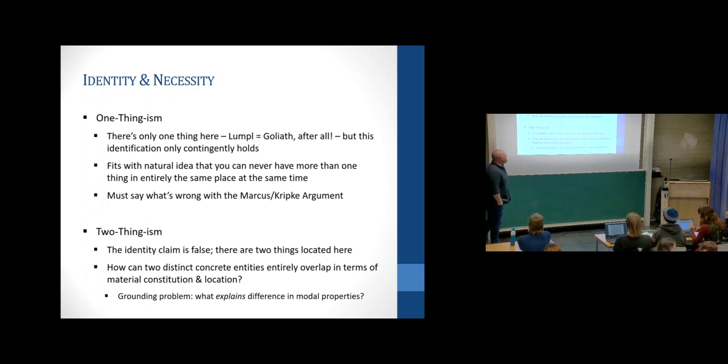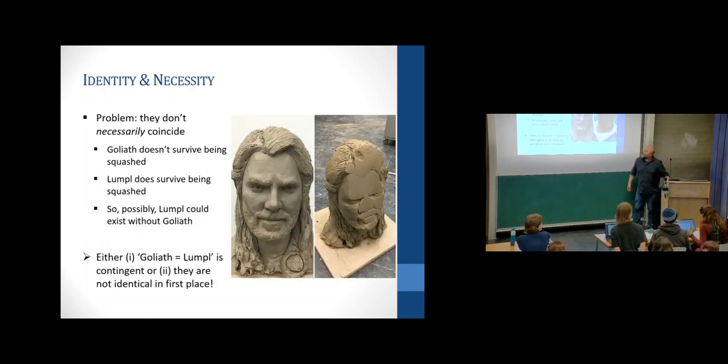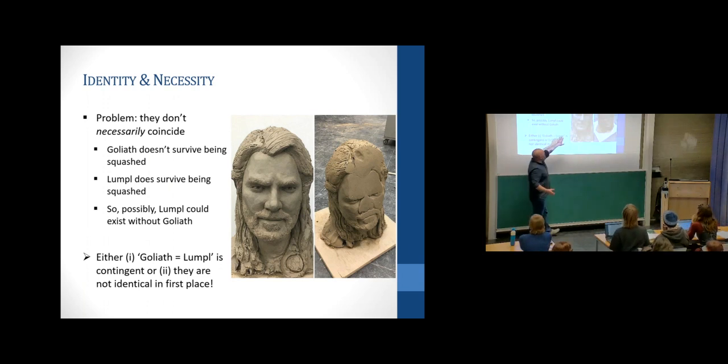That is, explaining how it is that they have a difference in their persistence conditions. So to go back a second, if you're a two-thingist, the challenge is to say, why is it that under the Goliath description, this thing doesn't survive squashing, but under the Lumpel description, this thing does? How do you explain this difference and what's possible for it?